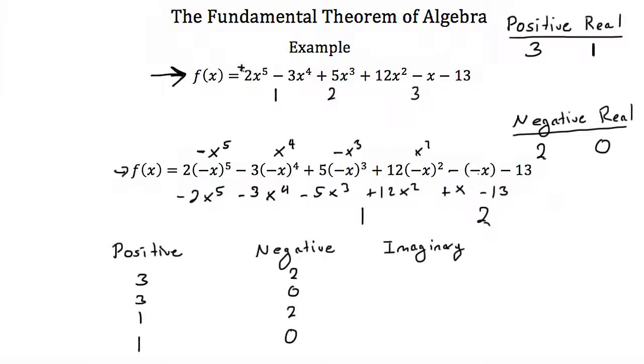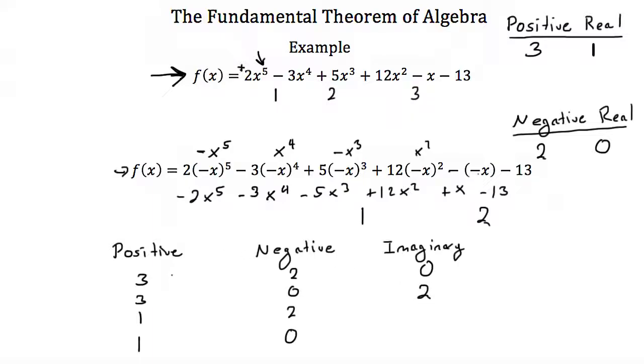Here we have a 5th power, which means we're going to have 5 solutions. So if we have 3 positive real and 2 negative real, that means we'll have 0 imaginary. If we have 3 positive real and 0 negative real, well, that means we have 2 solutions still to find, so we'll have 2 imaginary solutions.